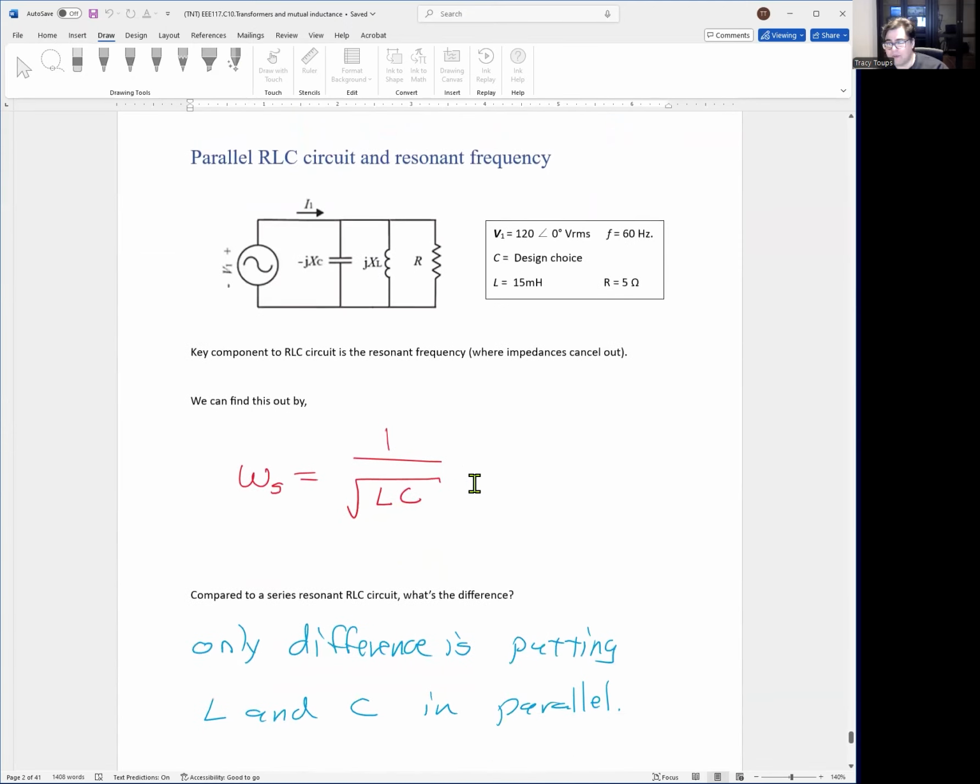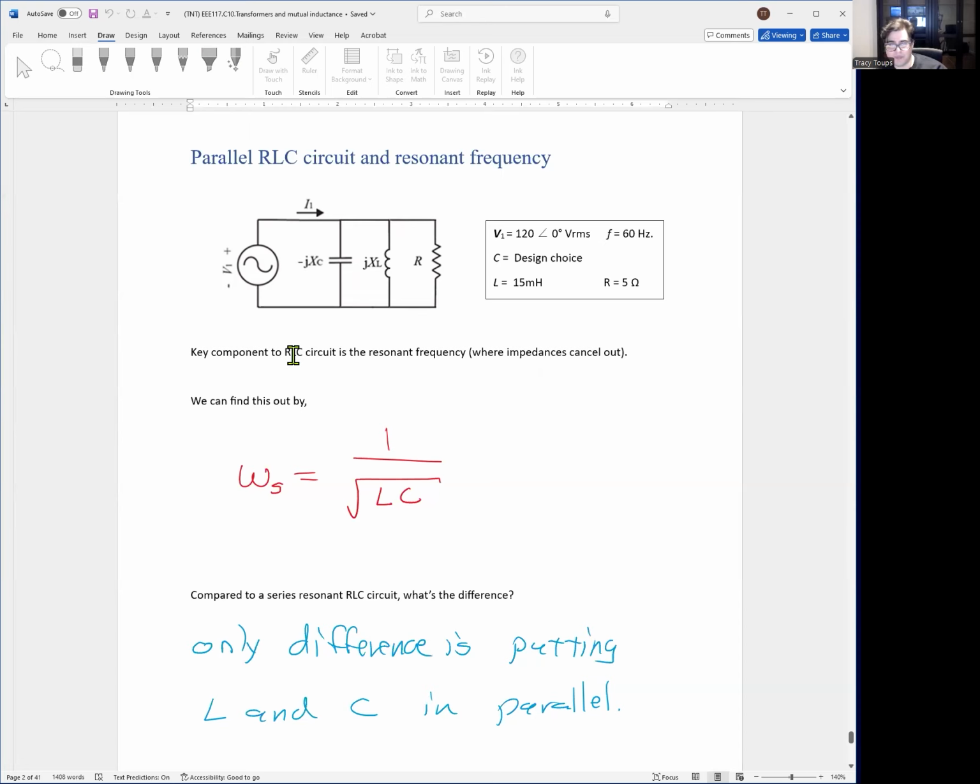So what about the actual resonant frequency? Now we see a benefit of using this. What if we need to design a circuit for a certain omega resonant, or figure out a specific capacitance to force this circuit to resonate at 60 hertz for power factor correction?